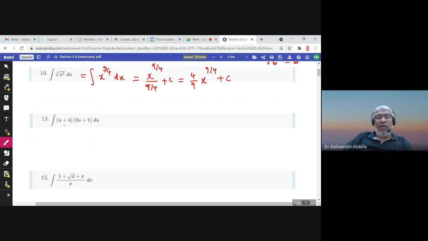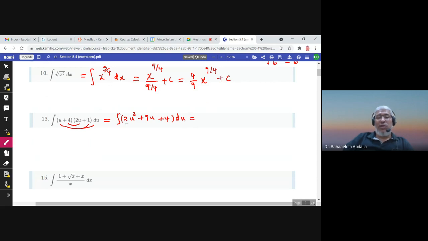Here, I need to expand first because I don't have a formula for the product. So u times 2u is 2u square. 4 times 2u is 8u plus 1u. So I will have 9u. 1 times 4 is 4 du.